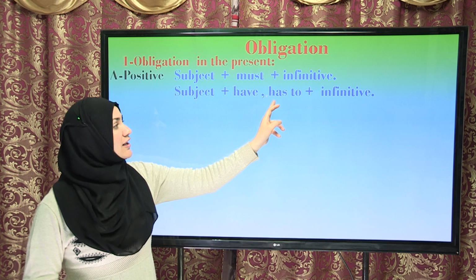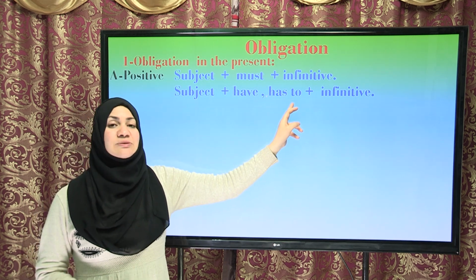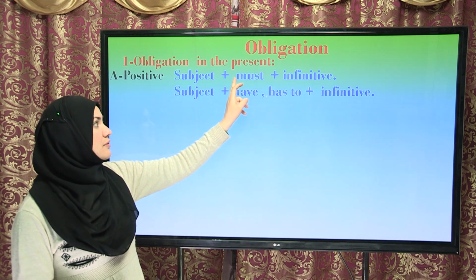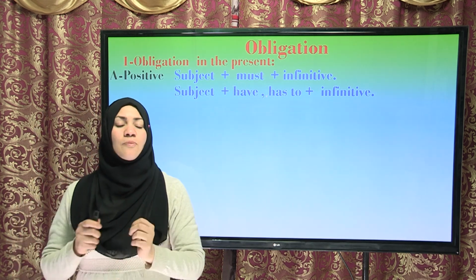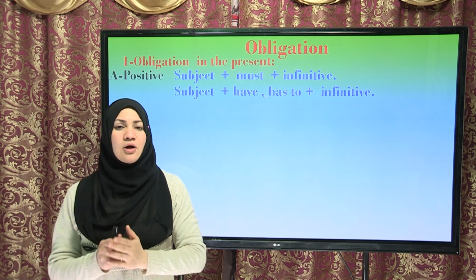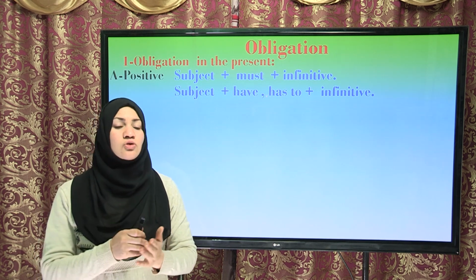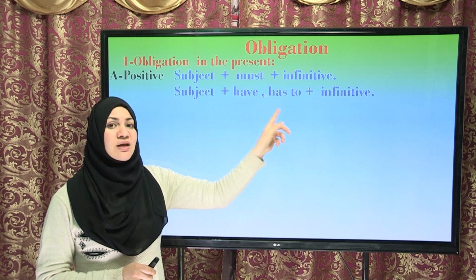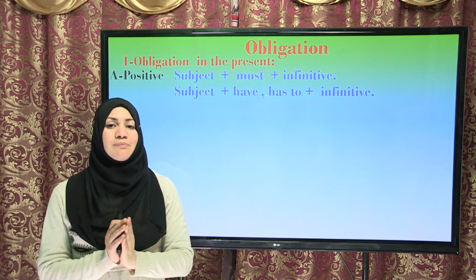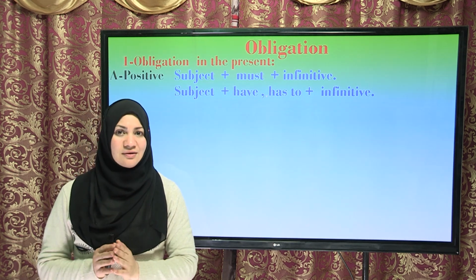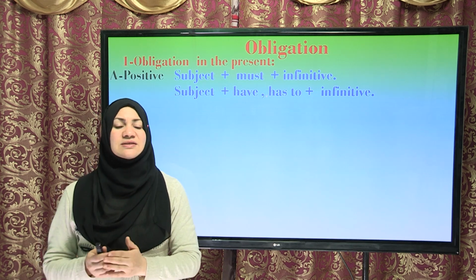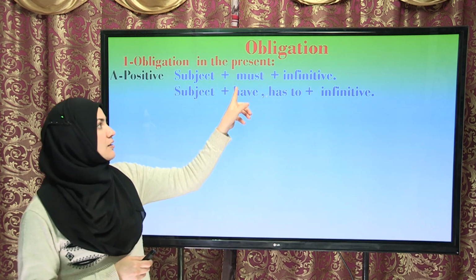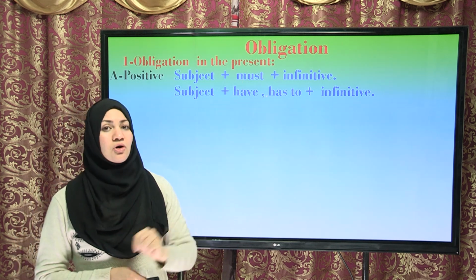Have to or has to also express obligation. What is the difference here? Here, must is for obligation. It means someone obliged you to do something. But here, have to or has to is also for obligation, but concerning laws. It means the government asked you to do this thing. Must, have to, or has to.